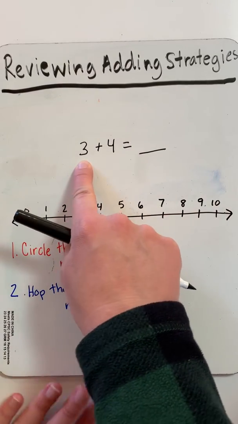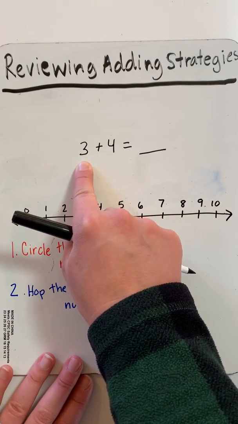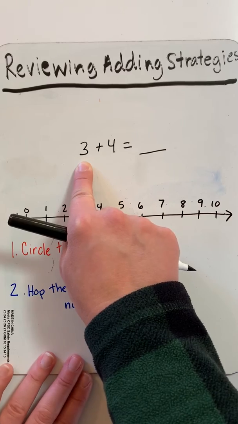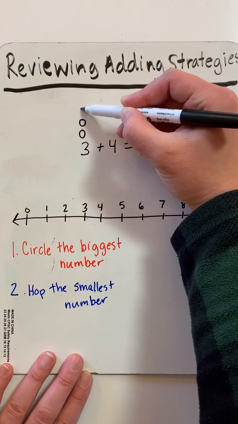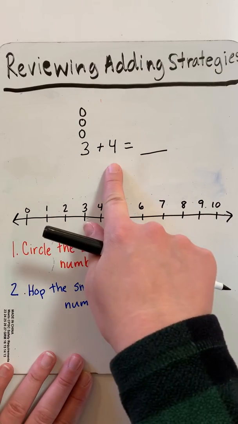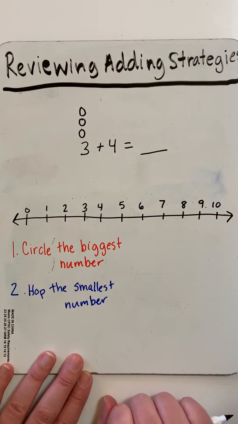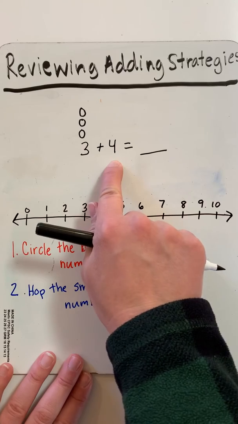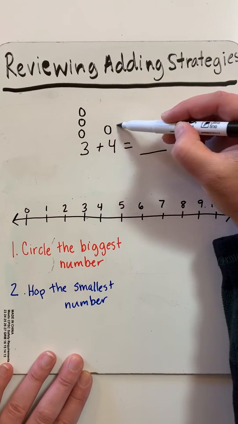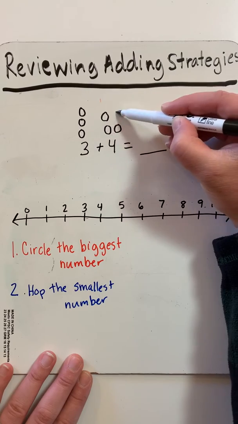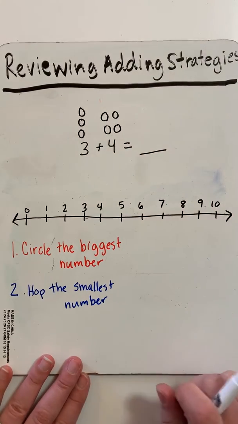How many circles should I draw first? 3. I should draw 3 circles because that is my first number. What number should I draw next? 4. I should draw 4 circles, making sure that we're not drawing them on top of each other and that they're not touching.